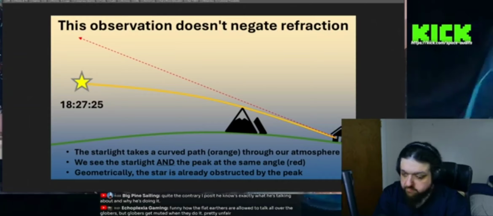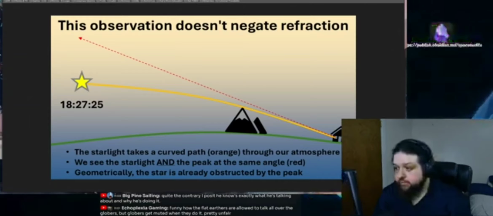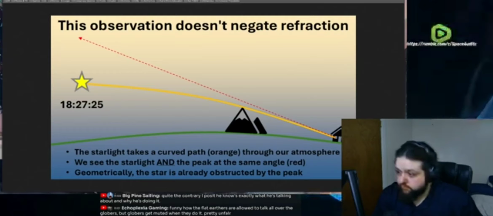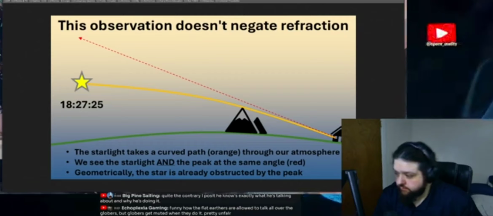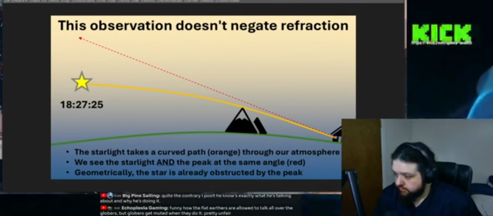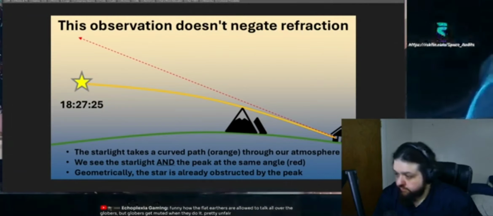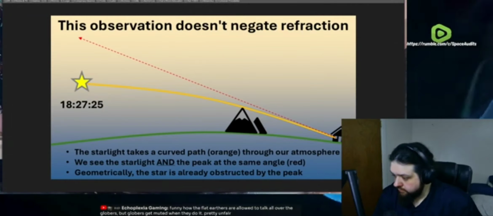Okay, so whatever you're going to look at, when you look at the mountain, you see it at whatever it is, 221, 219, I don't care what it is, but wherever you see that mountain, you will not be able to see a star lower than that. Now you're already seeing the mountain above where it is.